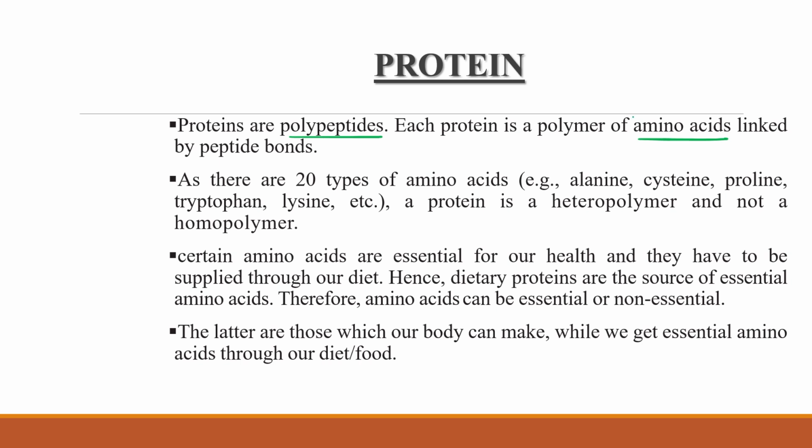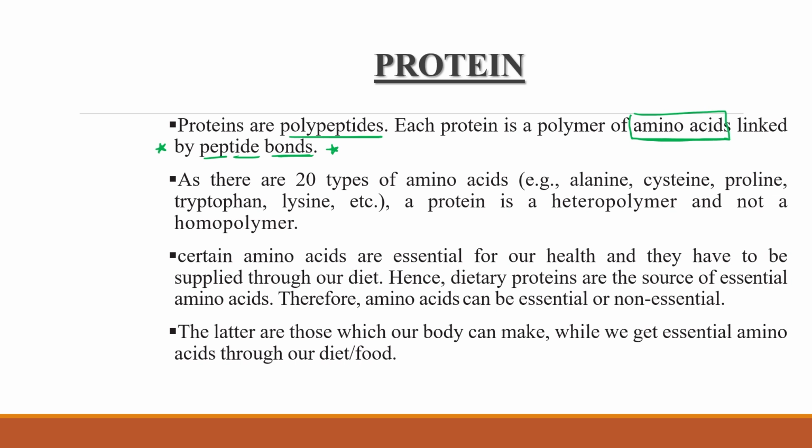It is amino acid. Each protein is a polymer of amino acids linked by a special bond known as a peptide bond. What is the type of bond? Peptide bond.